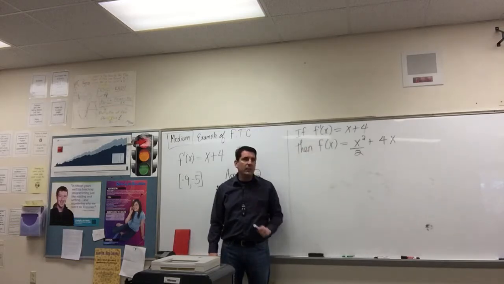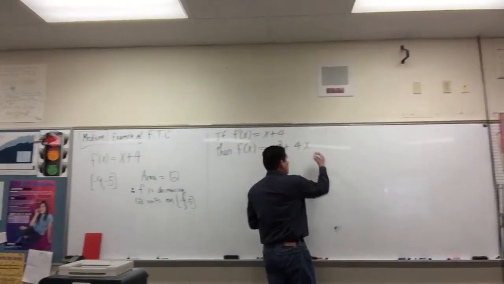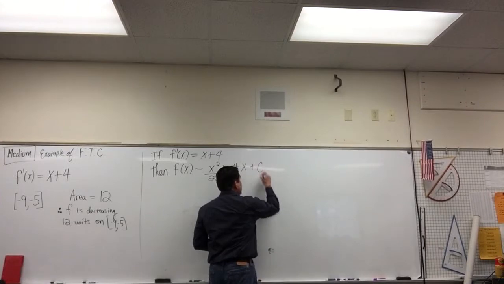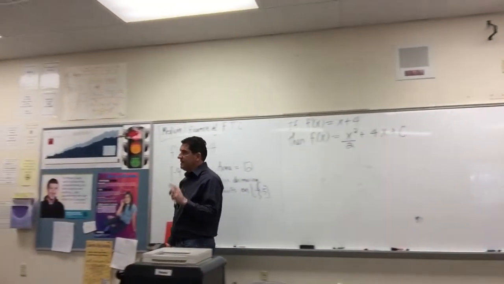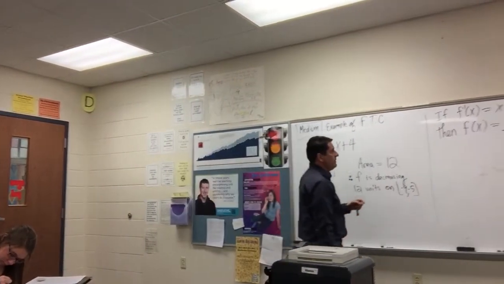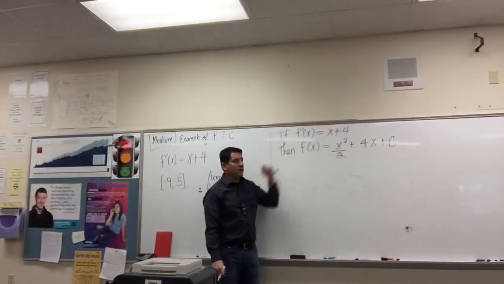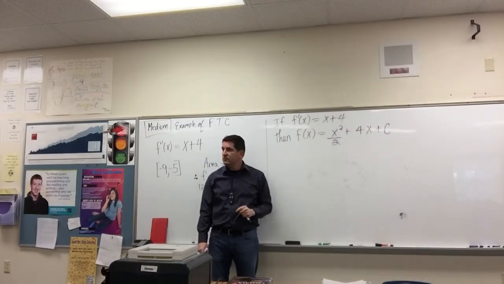An infinite number. And the reason is because we should add on the fact that you can add on any number on the end of this, any constant. C can be any real number. Because if you take the derivative of this f of x, you get x plus 4, because the derivative of the c is equal to 0.